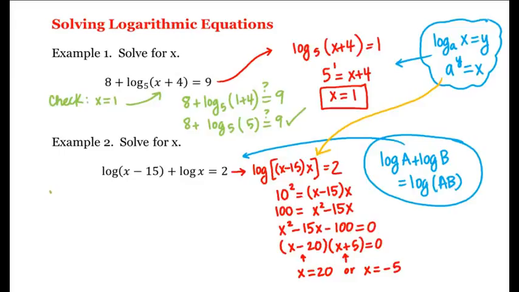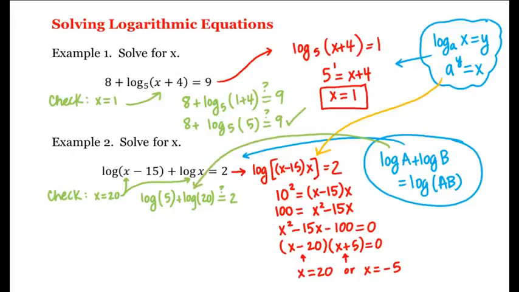But remember, we have to check these answers. So let's start with x equal to 20. We'll plug it in here and here. So the question is log of 20 minus 15, which is 5, plus the log of 20 equal to 2. Again, we can use this property.